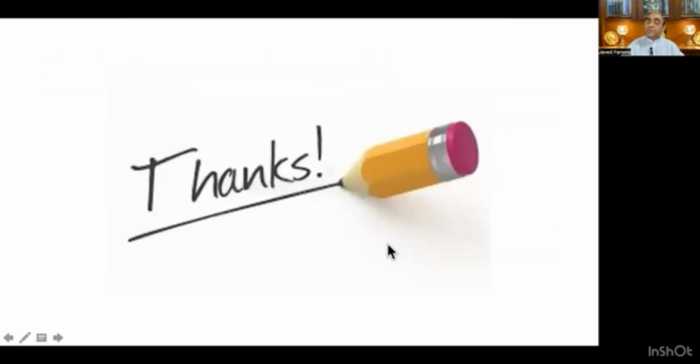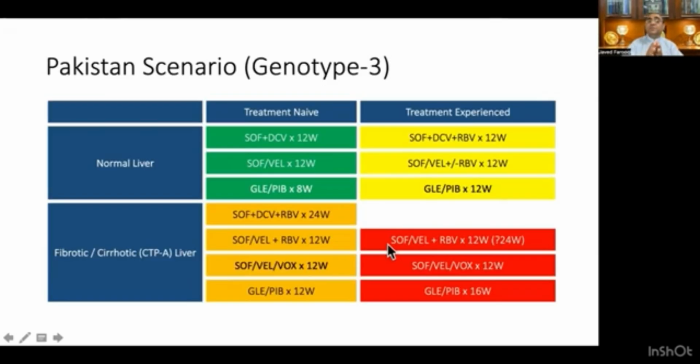So when a patient comes to you for the treatment of chronic hepatitis C, and you have decided that you want to start this patient on treatment, you should put the patient into these 4 groups. Either this is the easiest to treat, or this is the most difficult to treat, or it's in between. So the color coding, the green, the yellow, the orange, and red, is very, very important in selecting the regimen as well as the duration.